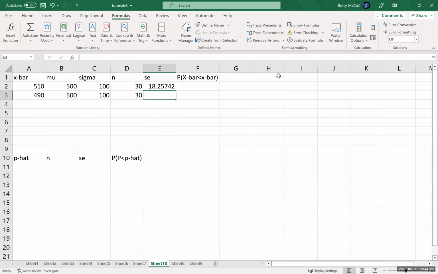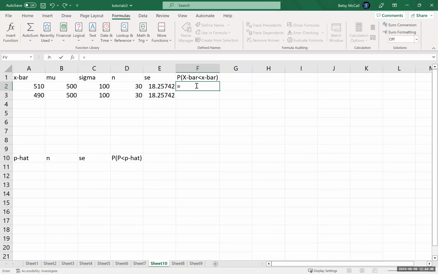Everything else is the same. Because we have sigma and a fairly large sample size, we can use the normal distribution, but I will also show you this calculation with the t distribution because it's really not that different. You just change out T.DIST for NORM.DIST.